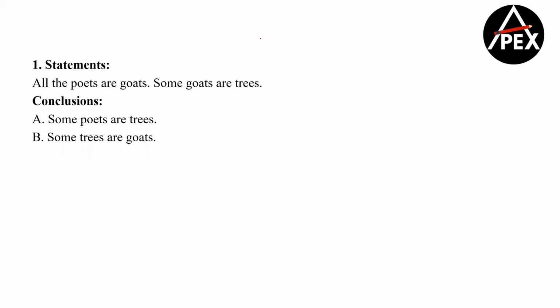Now look, in this we have two statements, correct? We have statement A, which says that all poets are goats. And then we have statement B, wherein we have some goats are trees.